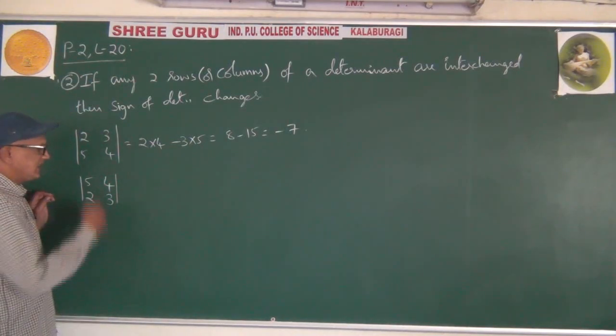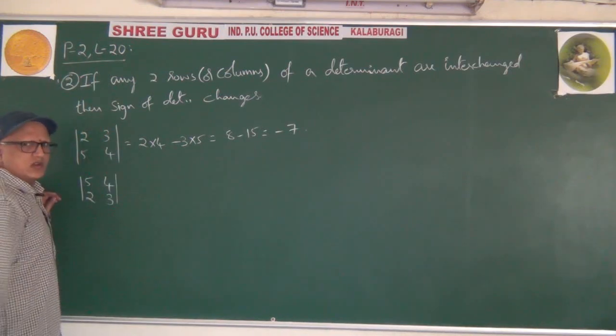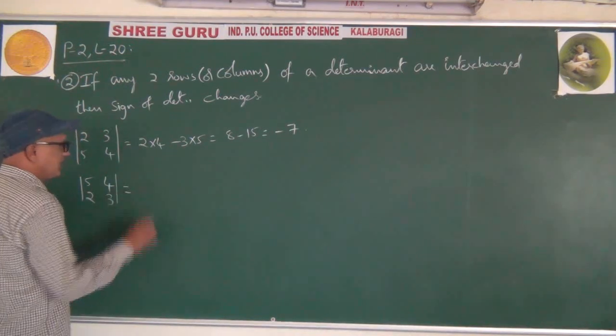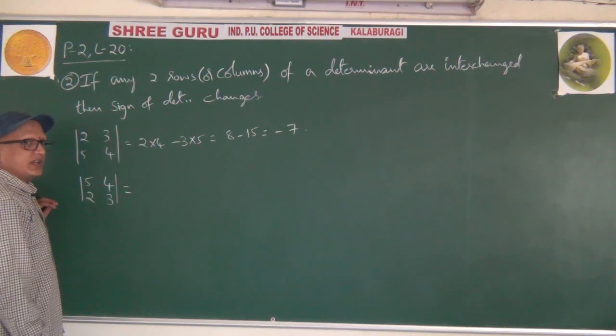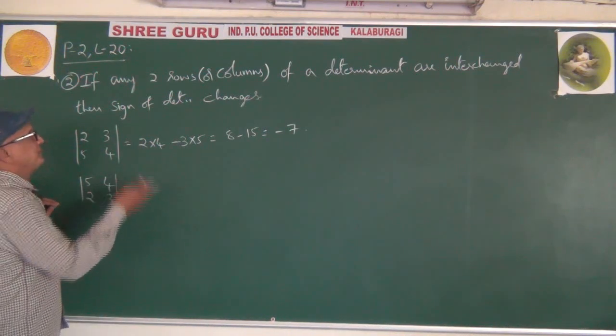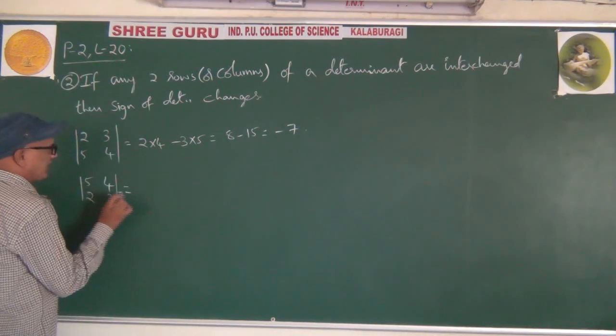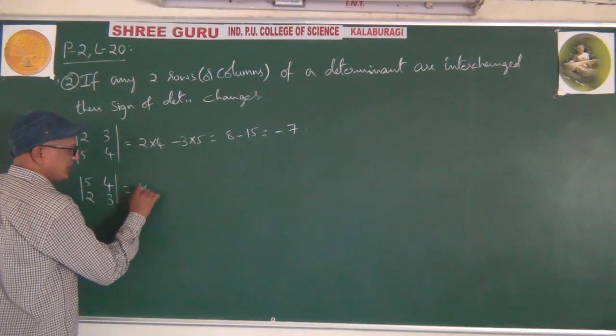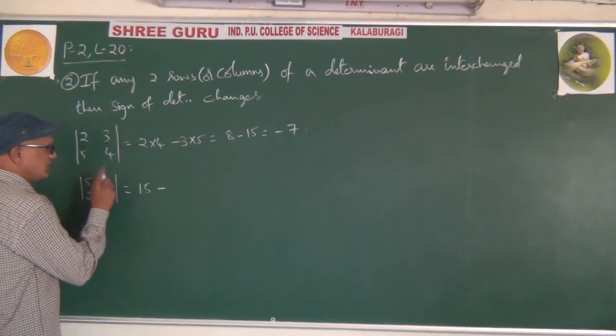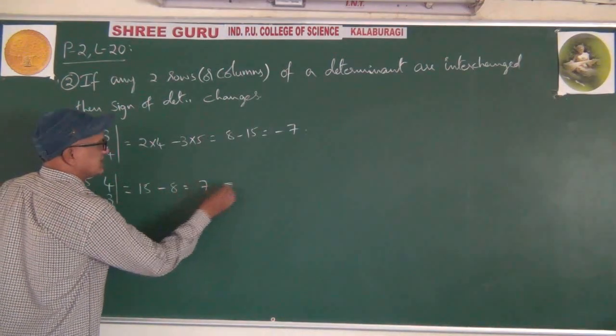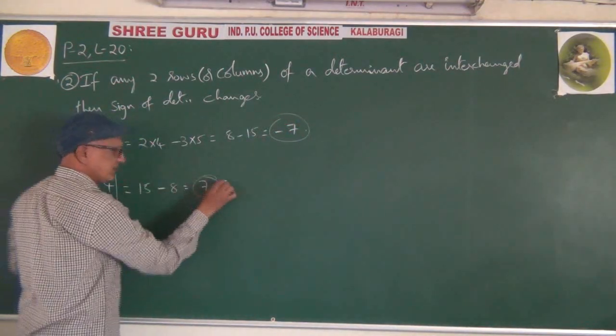If we interchange any 2 rows, otherwise 2 columns also you can interchange. If you interchange any 2 rows or any 2 columns, what will happen? The sign of the determinant changes. Let us see. 5 threes are 15. I am going to write directly. Minus 2 fours are 8. Answer 7. Here minus 7, here 7.